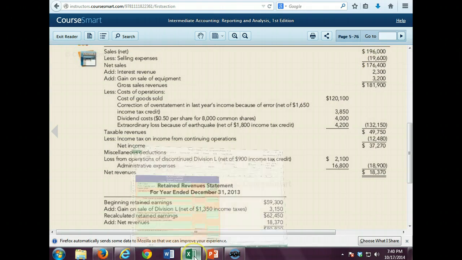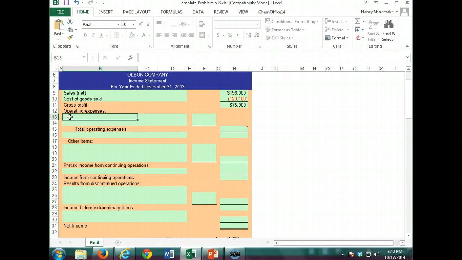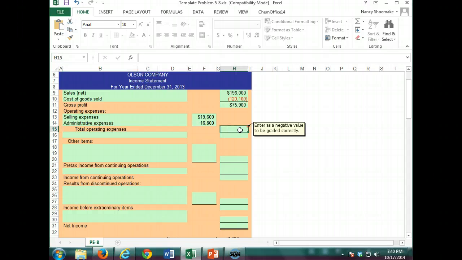So in this section of operating expenses, let's show our selling expenses of 19,600 and our administrative expenses of 16,800. The total of those two is 36,400.